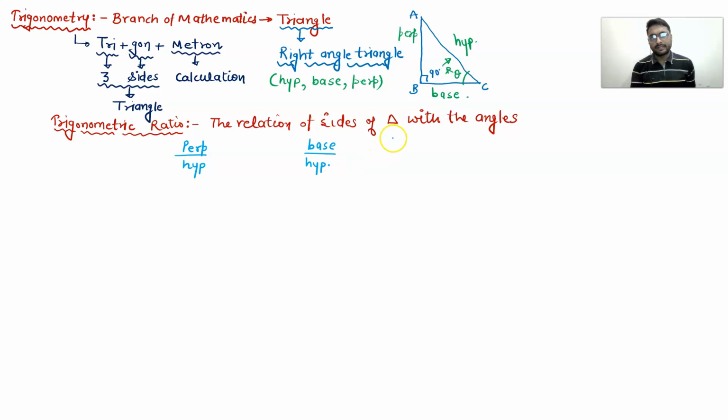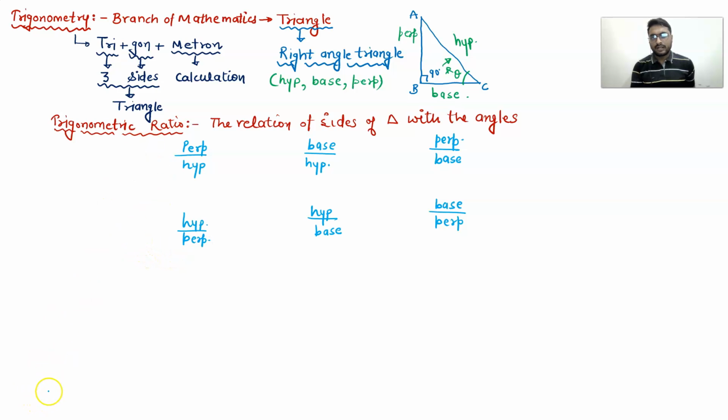The third is perpendicular over base. Next, base upon perpendicular. After that, hypotenuse upon base. And the last ratio is hypotenuse upon perpendicular. So basically this is the ratio of the sides.